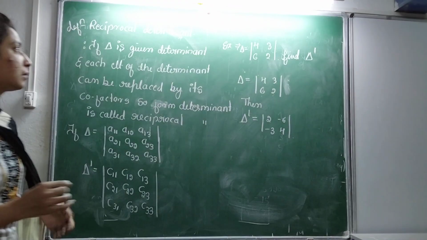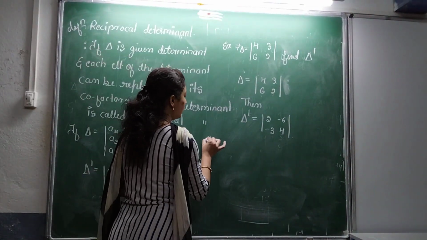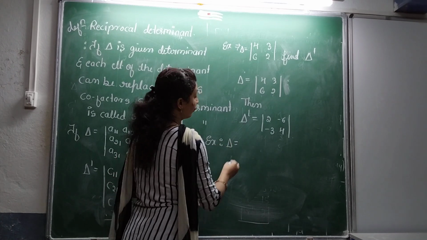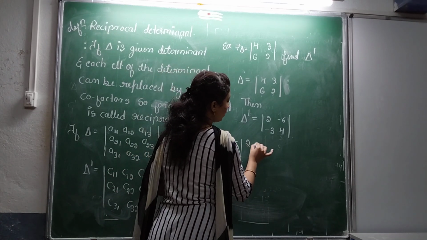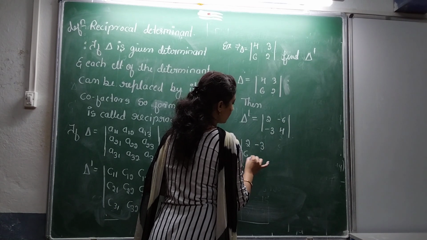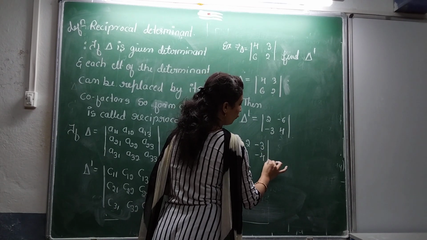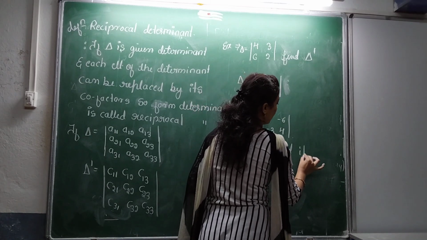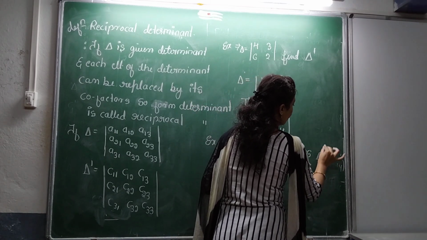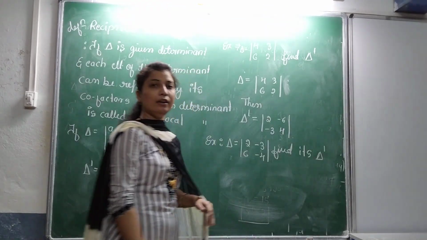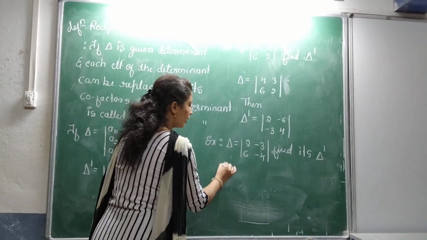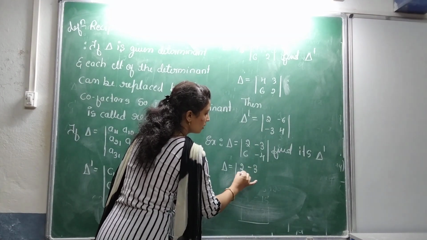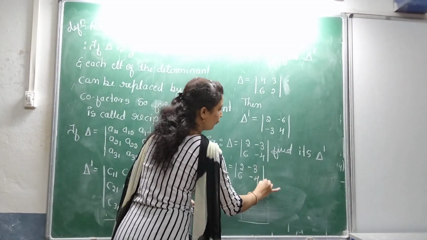So next example: if delta is equal to 2, minus 3, 6, minus 4, find its reciprocal determinant, that is delta dash. So given delta is equal to 2, minus 3, 6, minus 4.